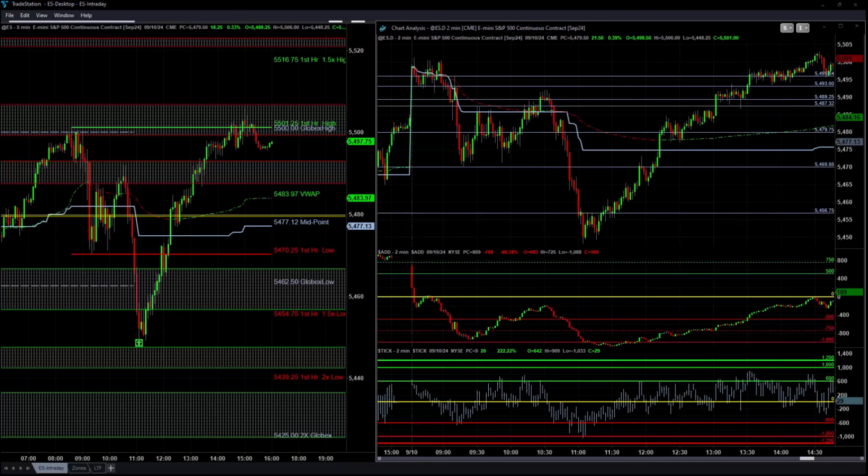We do have the CPI number out tomorrow morning. Quite often, that will behave as a catalyst. And then we have the producer price index on Thursday. So at least now we're heading into the next couple of days where there is a potential catalyst for a move one way or the other. So that's a wrap on today.